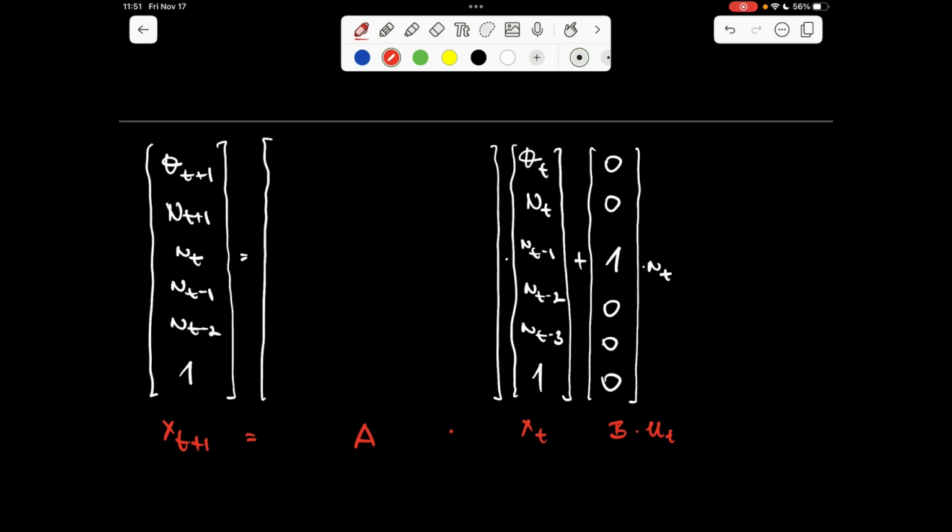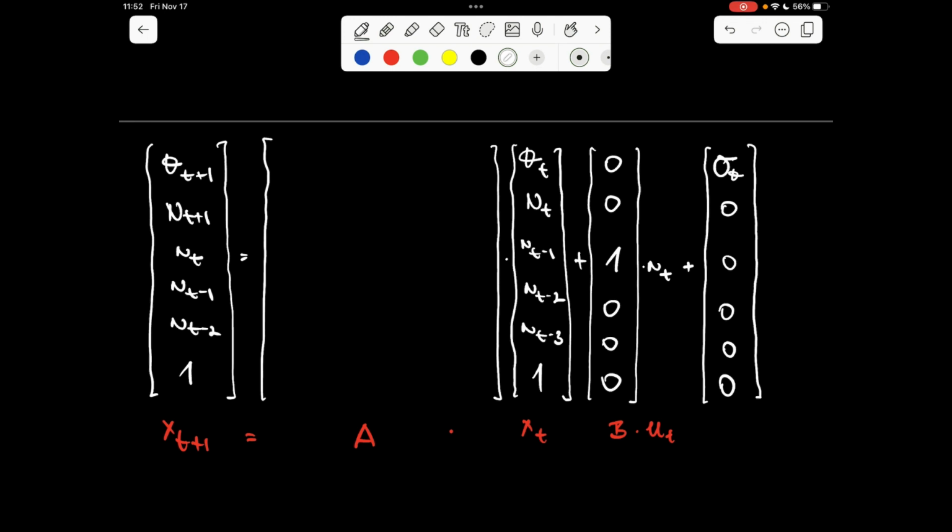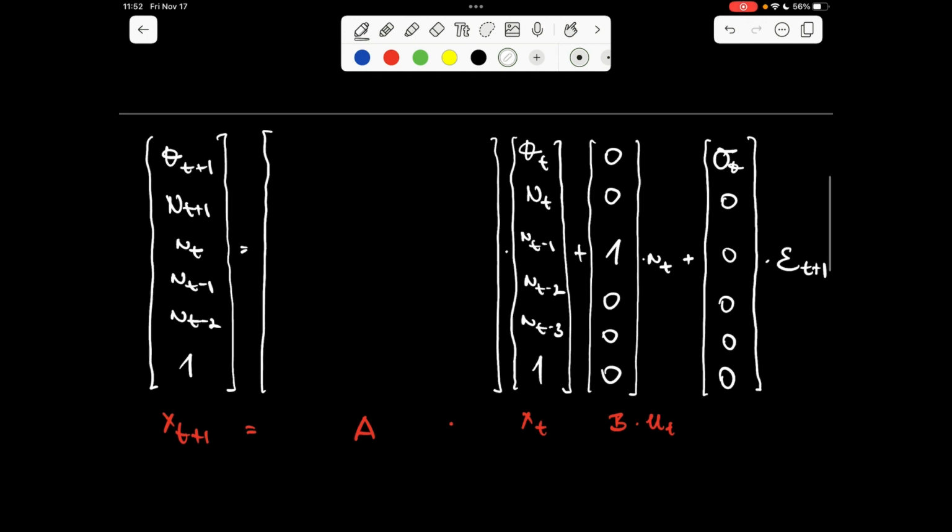Yep, and there is only one thing to do, to incorporate the effect of the stochastic shock to the system. Okay, all right, this is C, and this is the stochastic noise. It's no big deal.